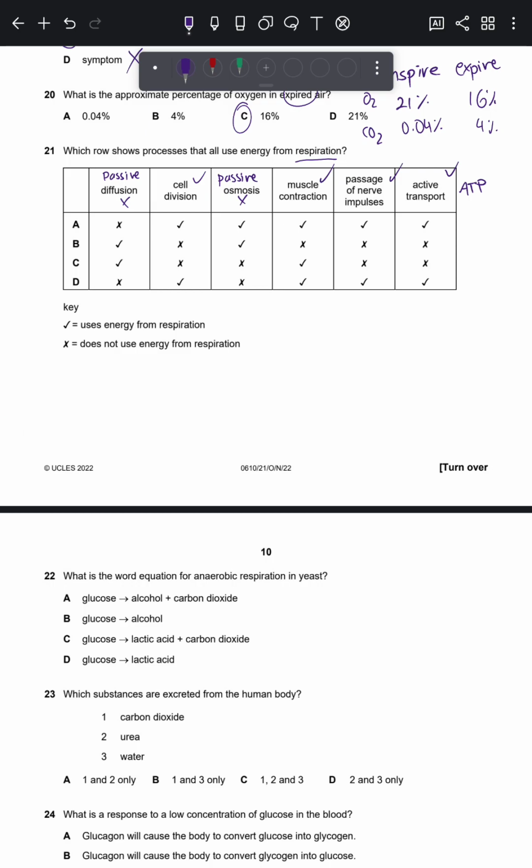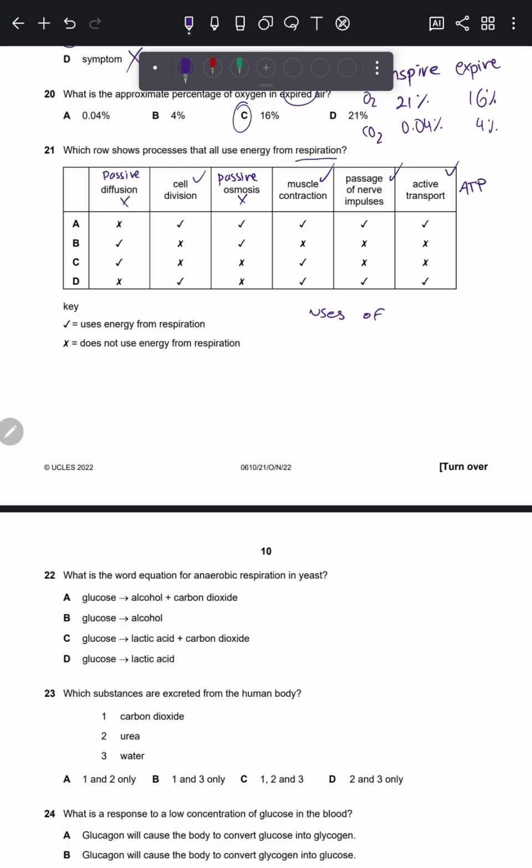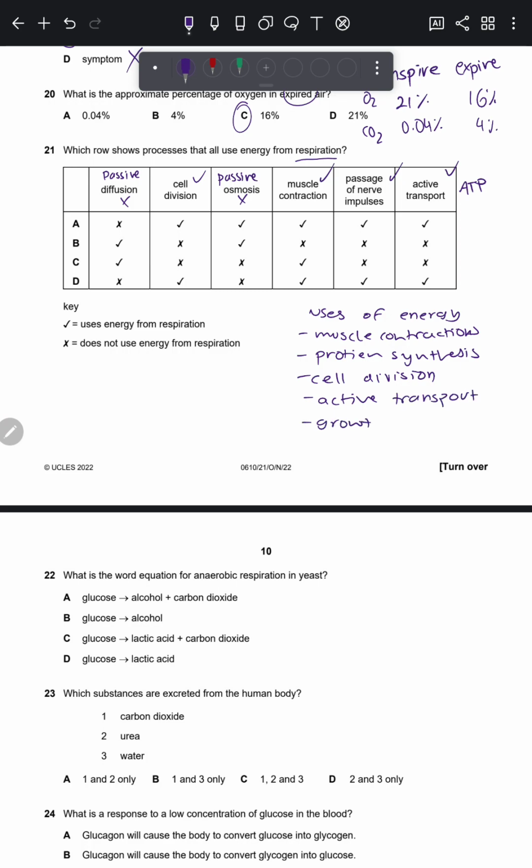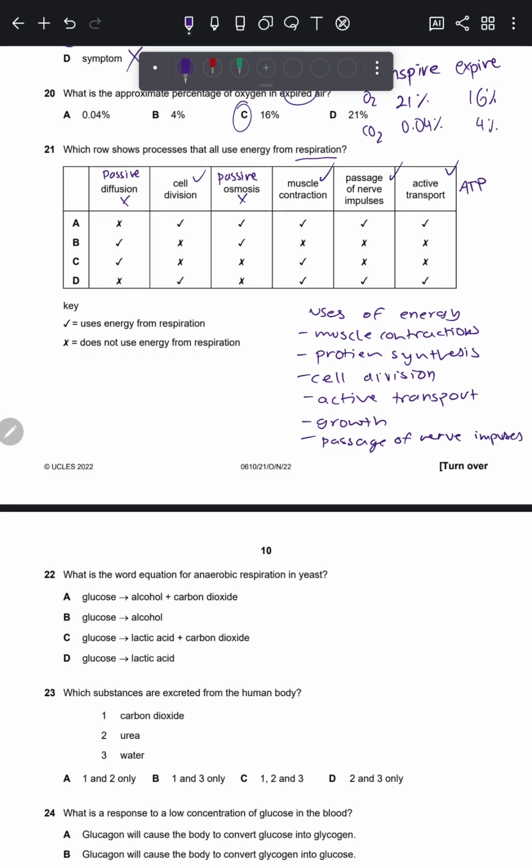So in the syllabus, the uses of energy we are supposed to know are muscle contractions, protein synthesis, cell division, active transport, growth, passage of nerve impulses, and to maintain a constant body temperature.